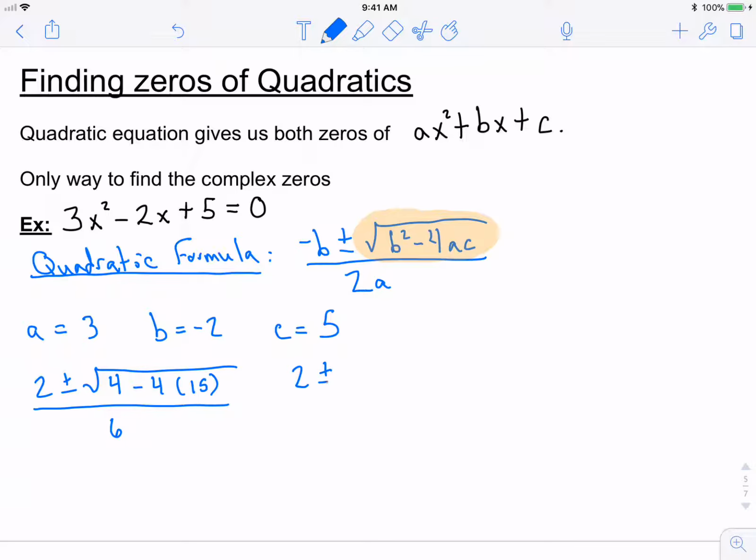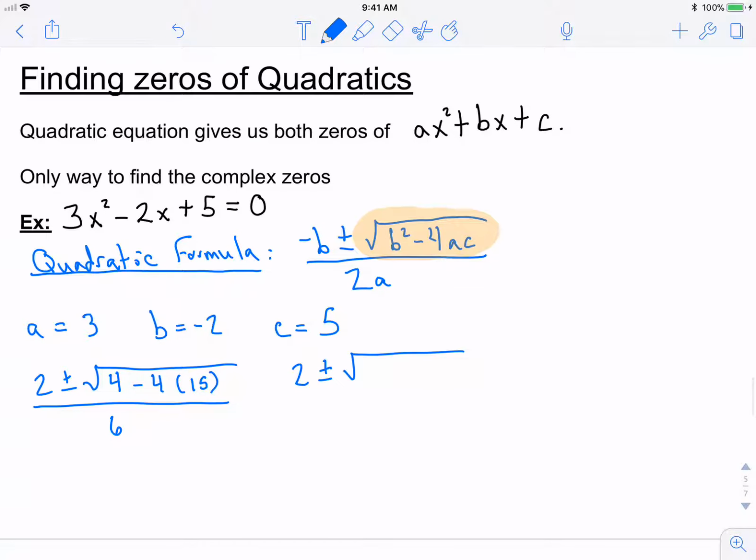So this becomes 2 plus or minus the square root of 4 minus, let's see, 4 times 15 is 60, over 6.